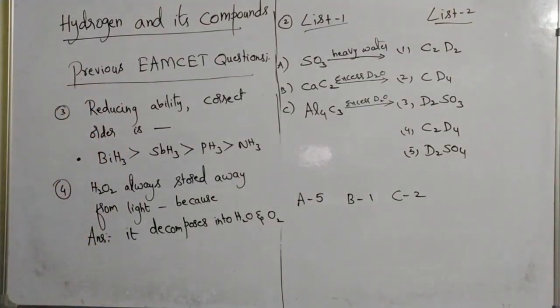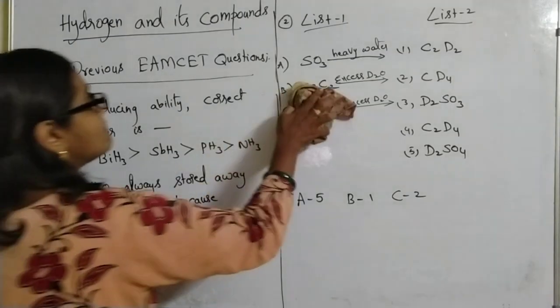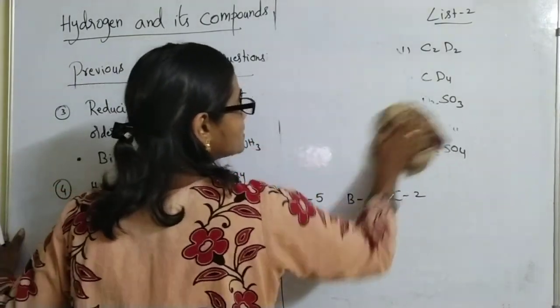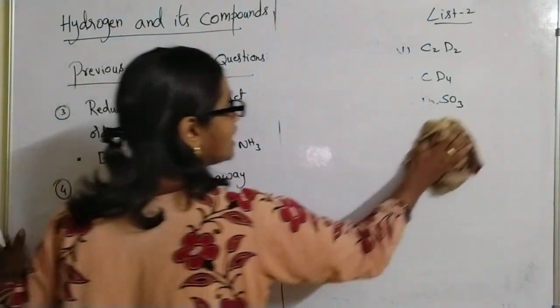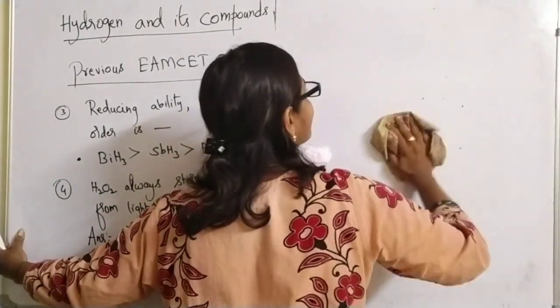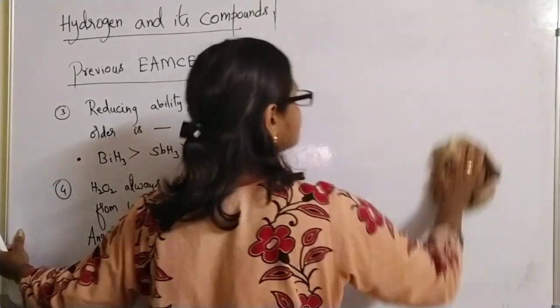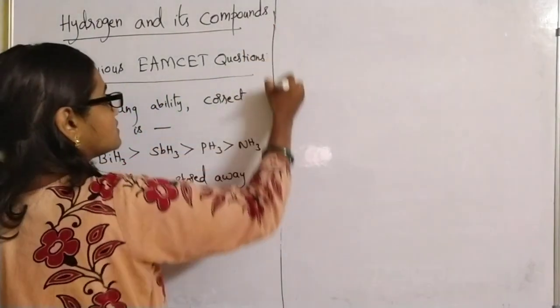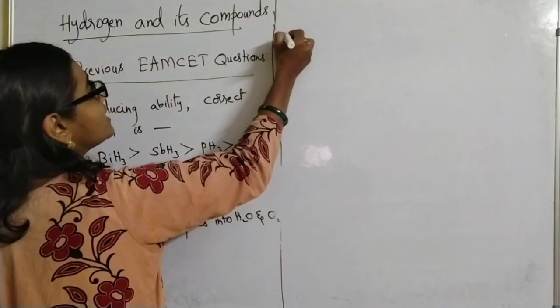And next, question number 5. Okay, so here also you have to do the match the following only. Match the following, theoretical questions, I mean conceptual questions you will be getting. Okay, look at this. Question number 5.